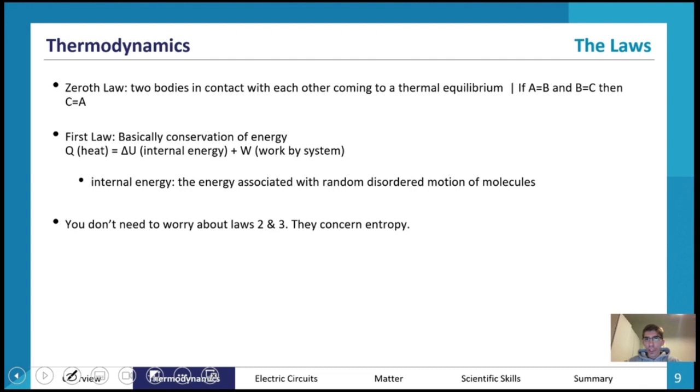That is, if object A and object B are in contact with one another, and B is in contact with object C, then the temperature of object C when everything comes into equilibrium will equal the temperature of object A. In fact, A, B, and C will all have the same temperature when equilibrium is achieved.